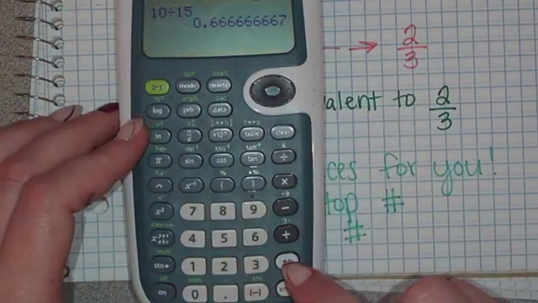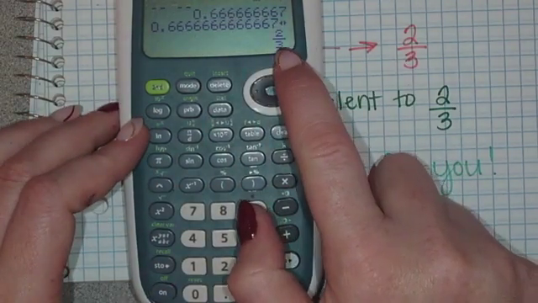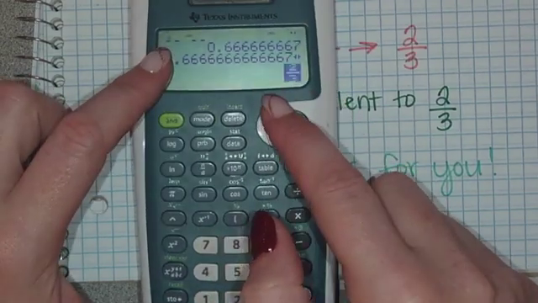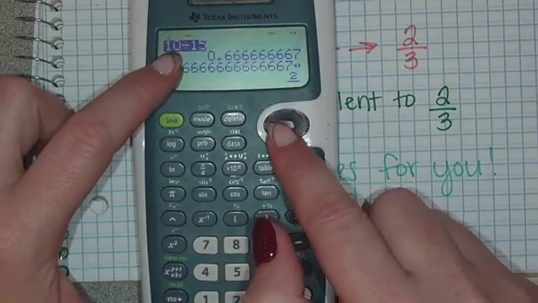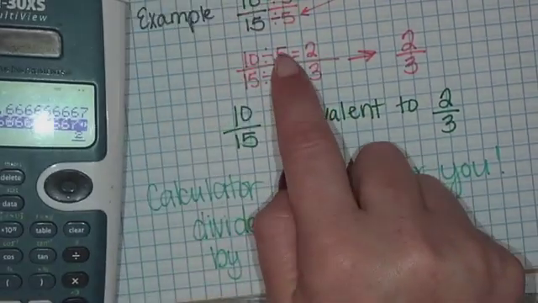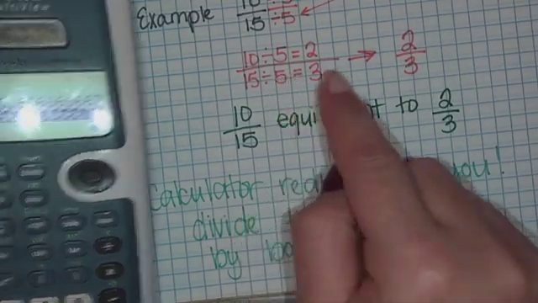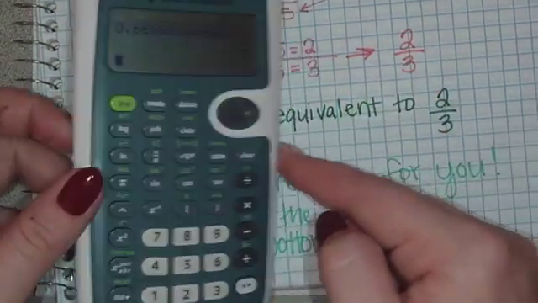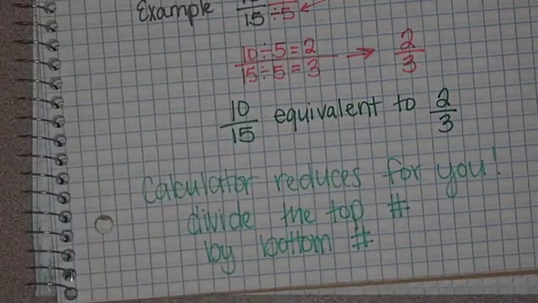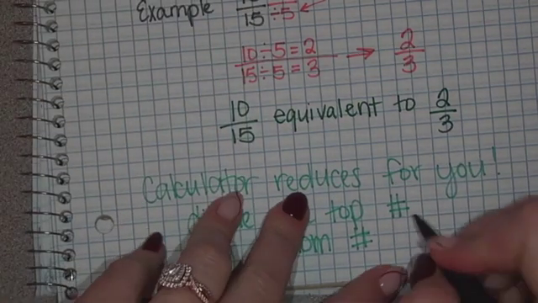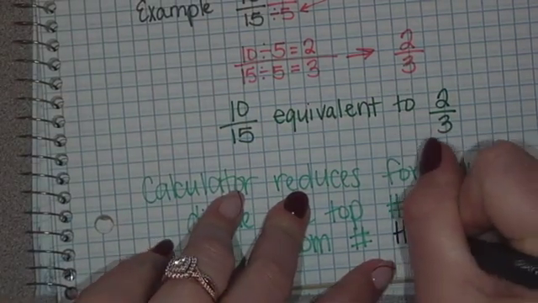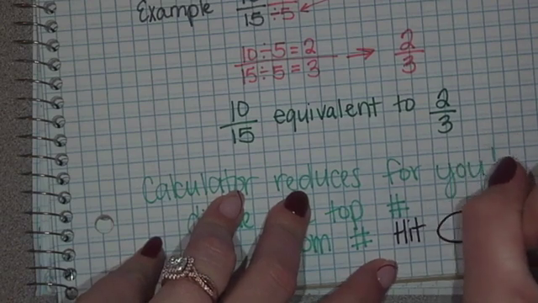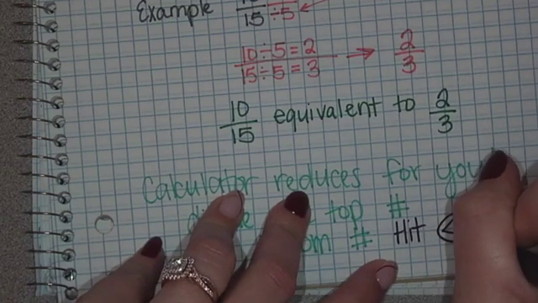So if you hit that button, notice it will just change it. It gave you the equivalent. So this step that we did right here, dividing by 5, your calculator will do it for you. So you just get 2/3. And so I'm going to write this: hit that button that has the 2 arrows on it.